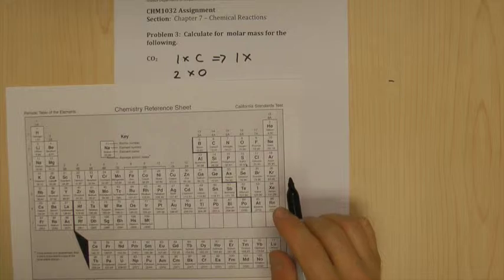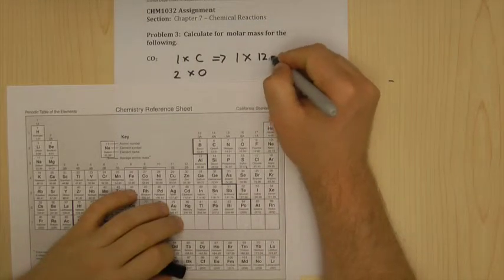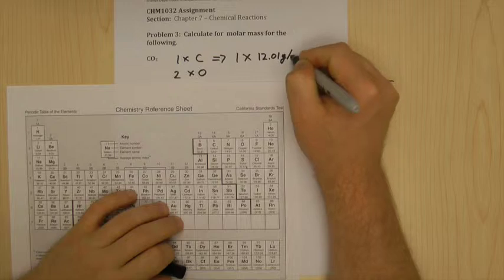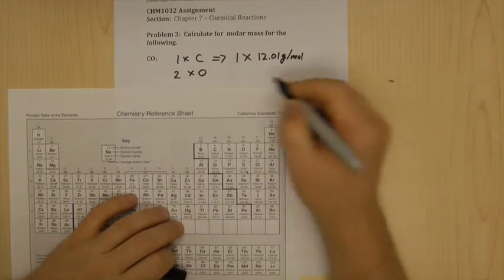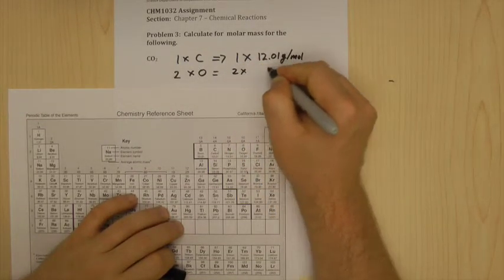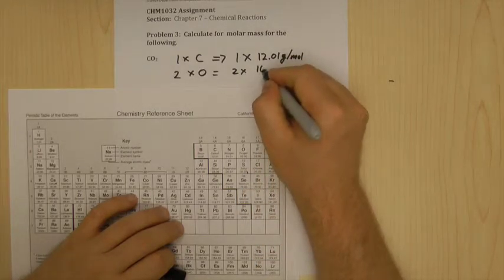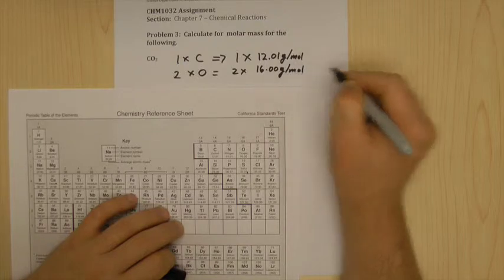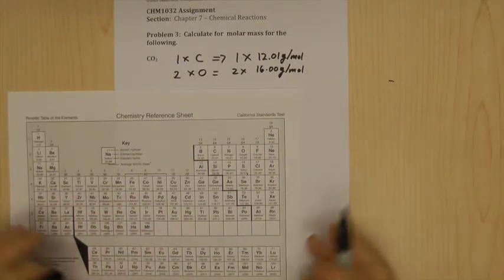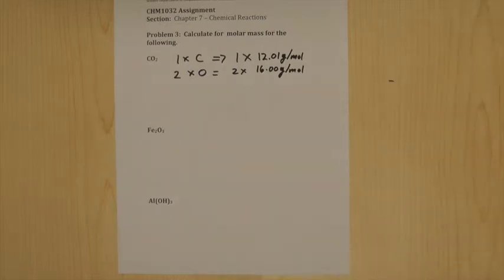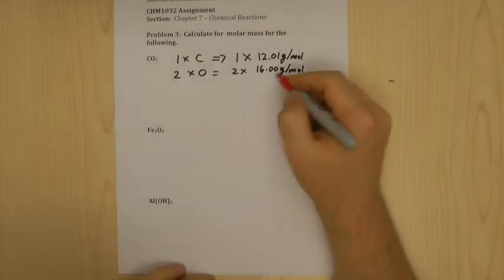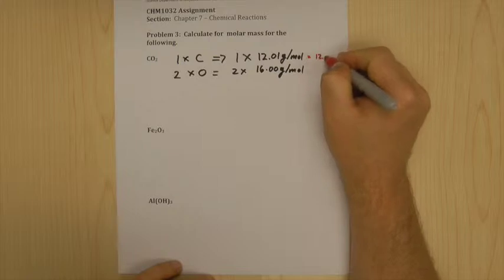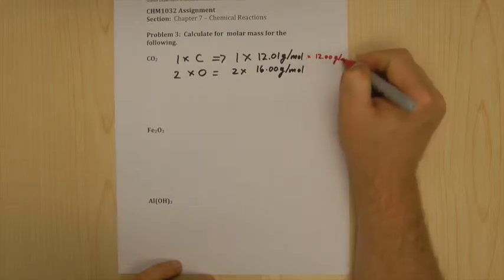Here it is, 12.01 grams over mole. And we have 2 times 16.00 grams per mole. Okay, that's all we need the table for. Let's put it away. And let's take a look here. Okay, so now we're going to have 12.01 grams per mole.